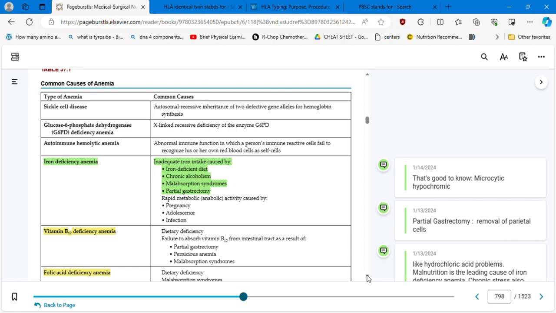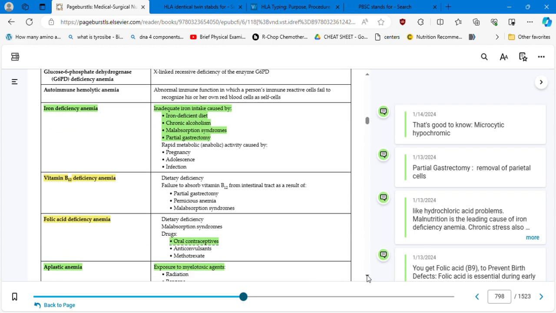And talking about malabsorption syndromes, usually in functional medicine, what we do is analyze why the patient is having poor absorption. And sometimes we find that the issue is the low hydrochloric acid present in the stomach. That acid is helping us to absorb all the nutrients, supplements, vitamins, especially the iron.